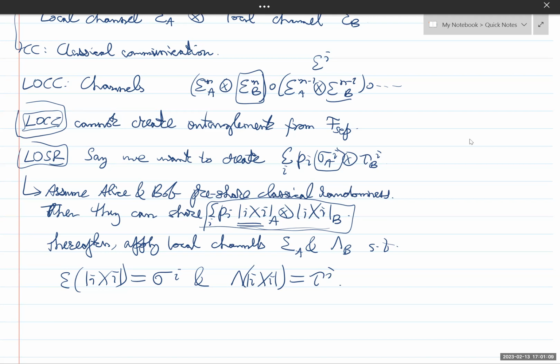I see. Okay. I think if I'm not mistaken, LOSR would be like saying it is LO, but starting with an arbitrary initial state that doesn't have discord between A and B, right?